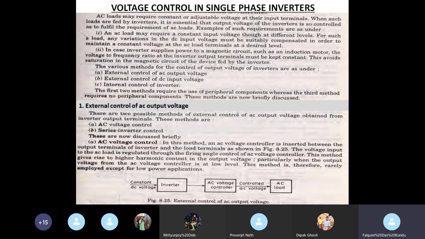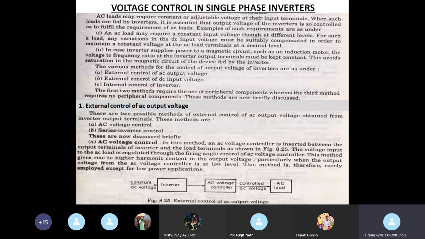The first one is the external control of AC voltage. Also, there are two possible methods: A is AC voltage control, B is series inverter control. So what is the AC voltage control?